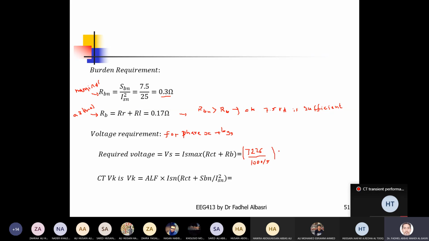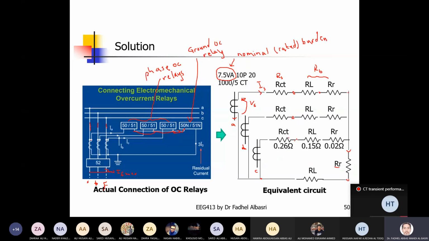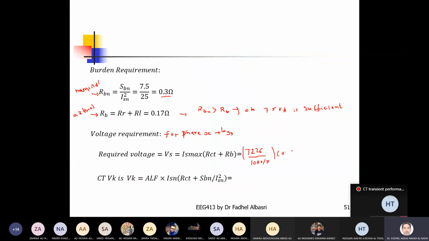And multiply by RCT, which is 0.26, plus R burden, which is RR plus RL, which is 0.17.